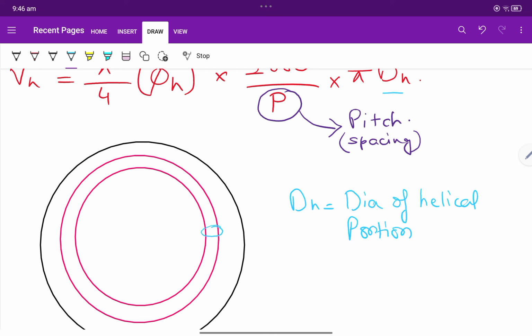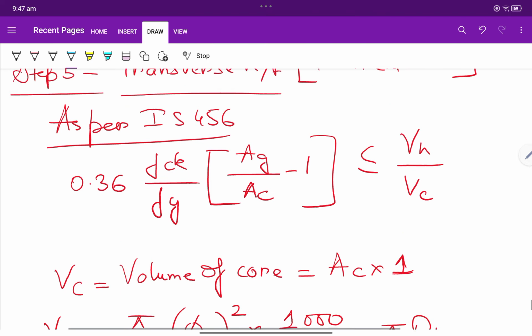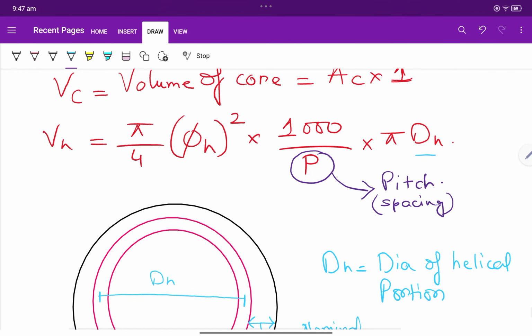From the middle of this to the middle of this will be the dh. This part is the nominal cover. There is one more thing, that is dc, the dia of the core.